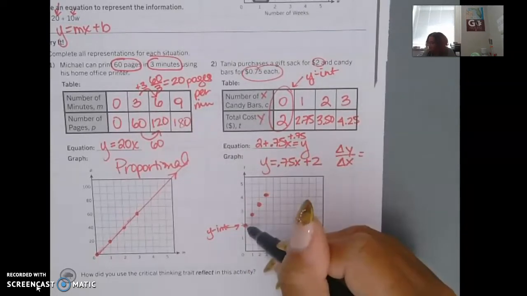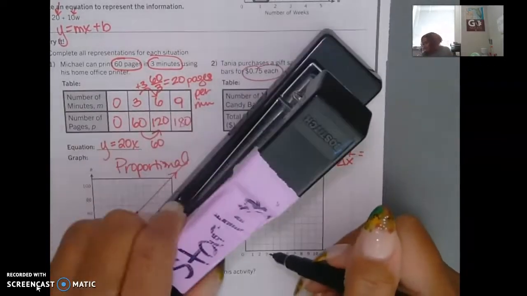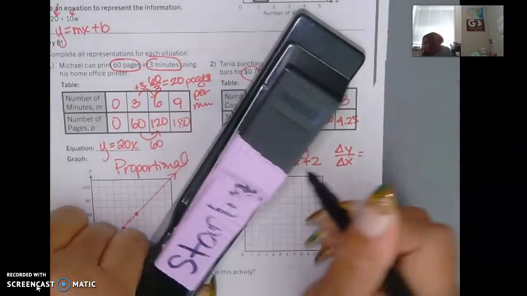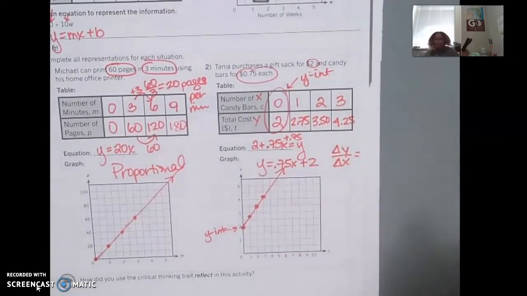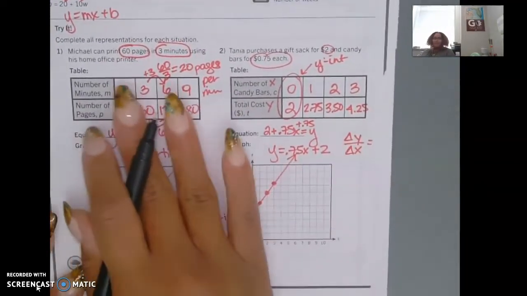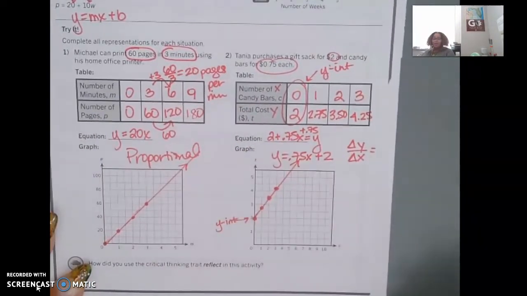So I should start seeing them in a straight line. Let me get my straight edge and trace that. There, okay? So that's what that looks like when you have a verbal situation. You put it in a table, you write the equation, and then you put it in a graph.